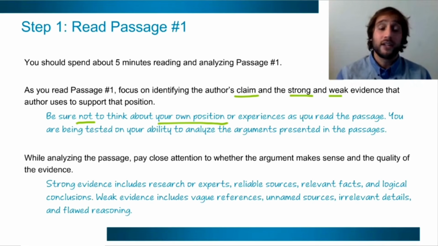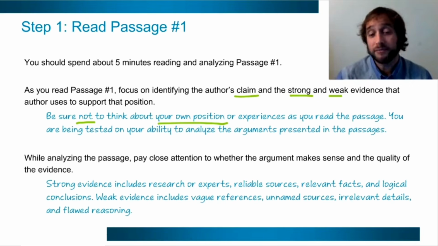Okay, so how can evidence be weak sauce? Well, what if it makes vague references, right? References that aren't indicated as credible or experts or a reliable source? Of course, if we don't name sources, that makes it a little bit more difficult for us to say, hey, we think that this is going to be a great source of information.